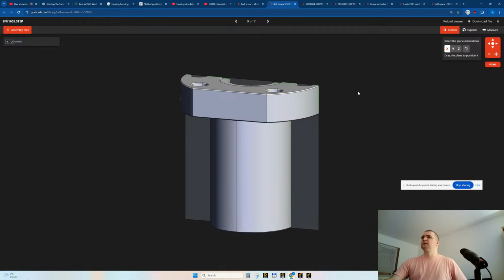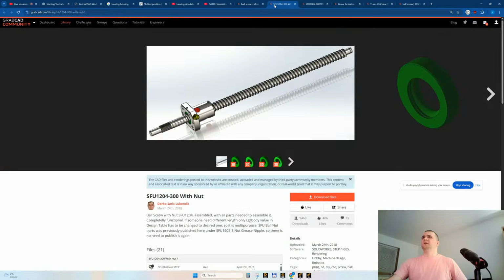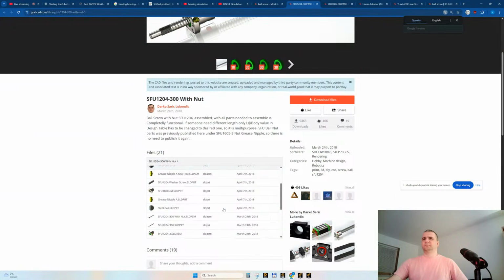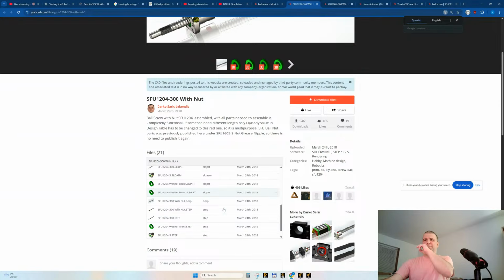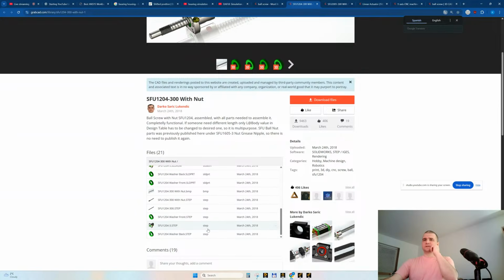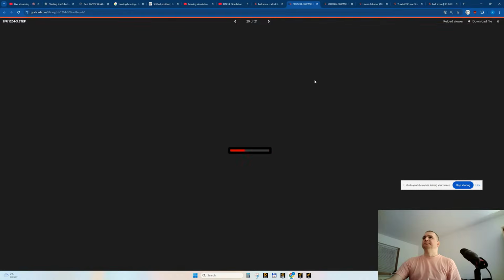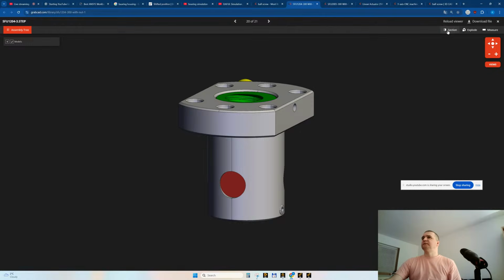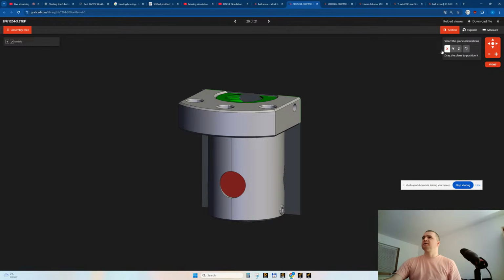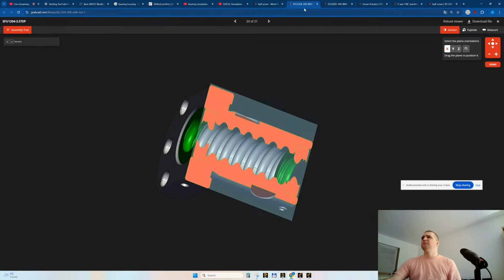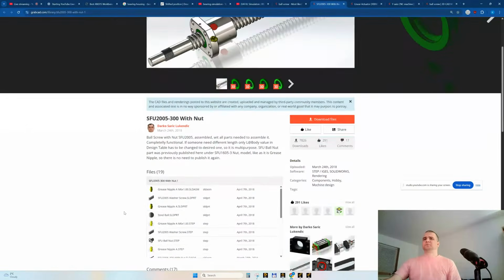Section. I don't want to look more. Ball, knot, ball. Step. This is the entire assembly, I think. Section X. X is good. No ball, no. Step.